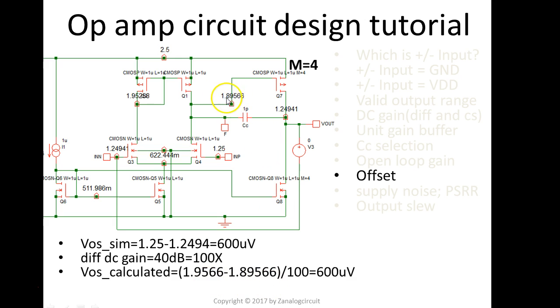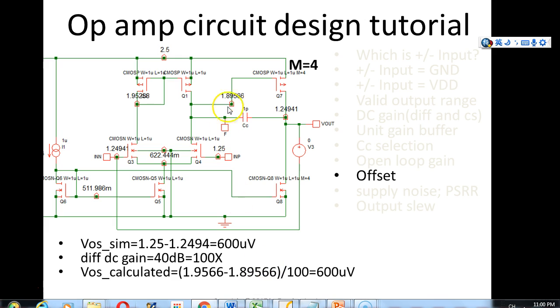This node changed: it was 1.95 before, now it becomes 1.895. So this voltage change over 100 is the calculated input referred offset for this system. That happens to be the same as the simulated result. Now you know how important the sizing of this last stage, the common source stage, is to avoid the systematic input offset.